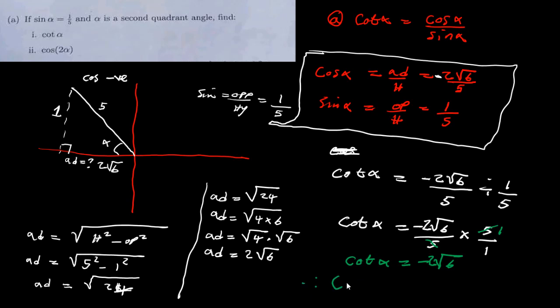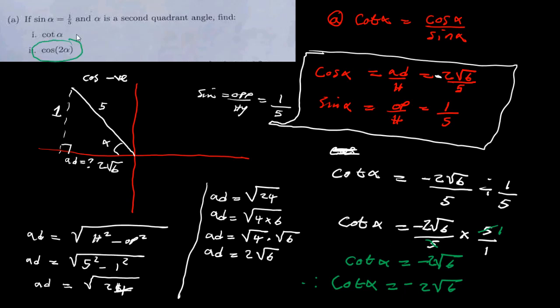Therefore cot alpha is simply equal to negative 2 square root 6. So that's our answer.